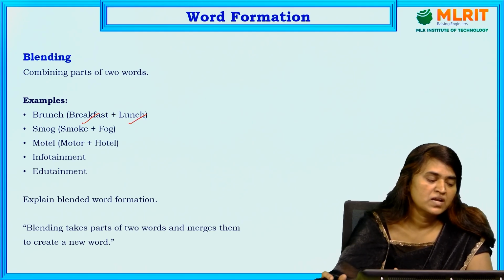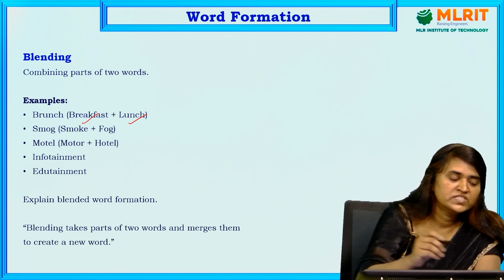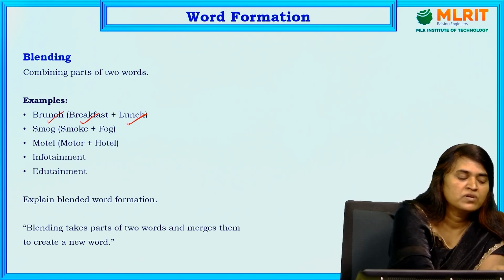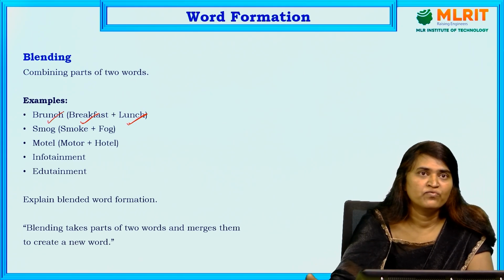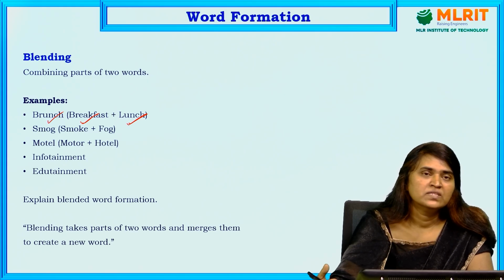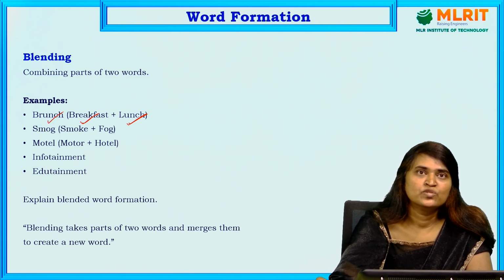Here we are not simply joining them. We are merging breakfast and lunch, and then we get a new word, brunch. Smoke, fog, we get smog. So these explain blended word formation. So blending is merging two words.